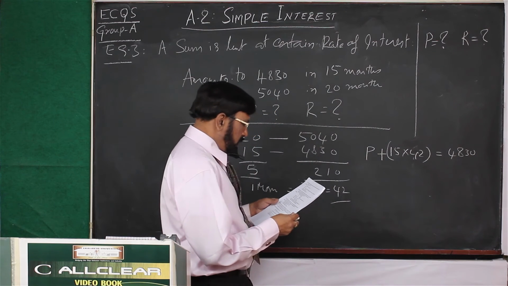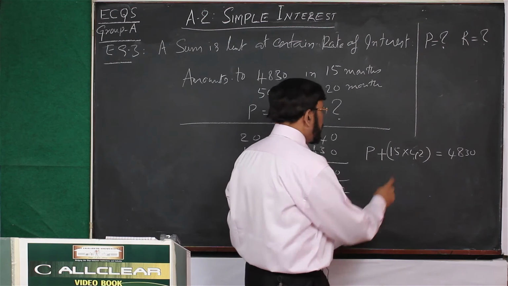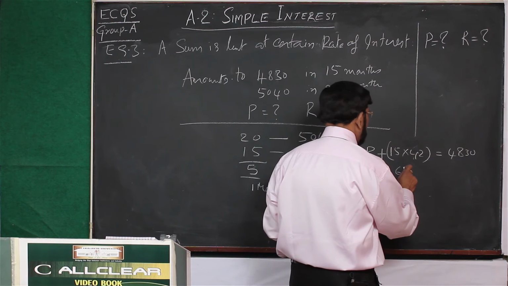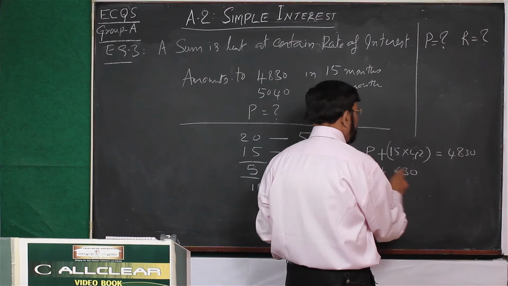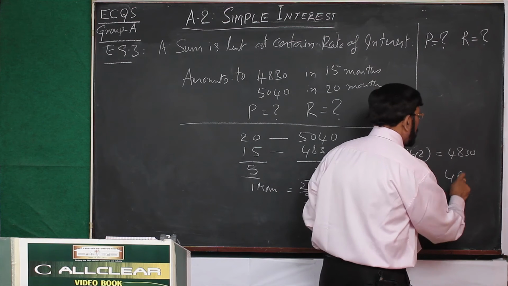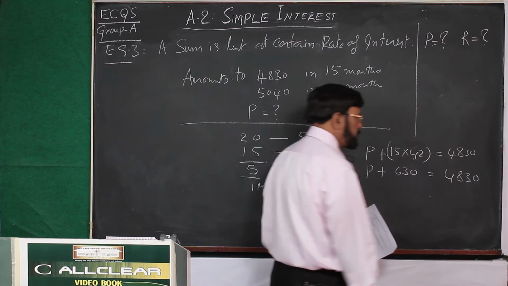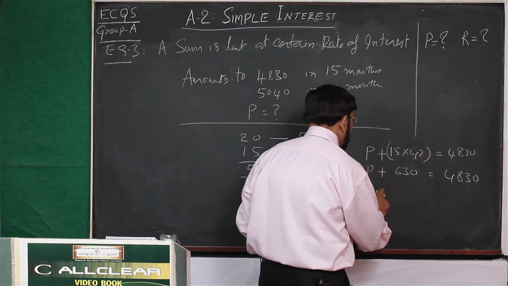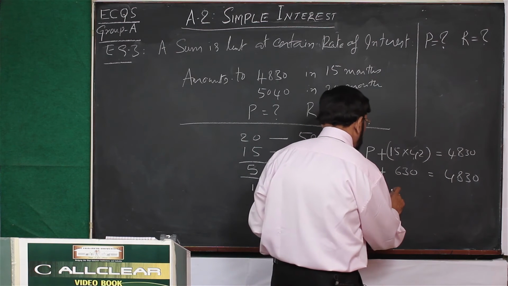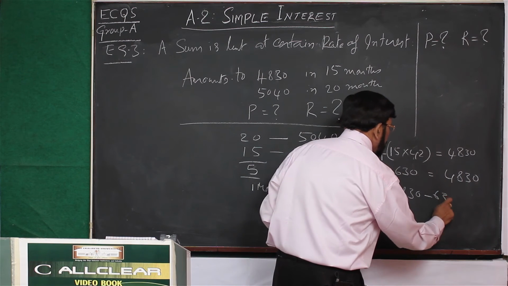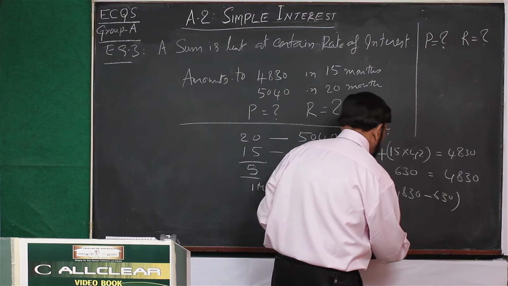Now, 15 into 42, that is 630 rupees. P plus 630 is 4,830. Then P is equal to 4,830 minus 630, which is equal to 4,200.